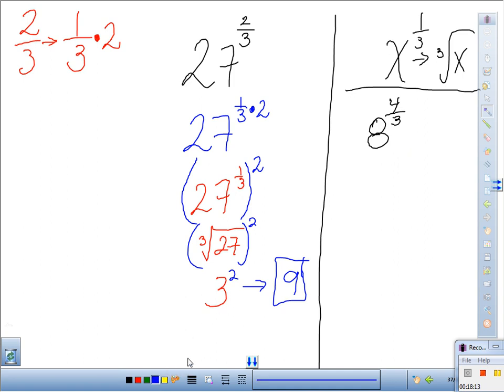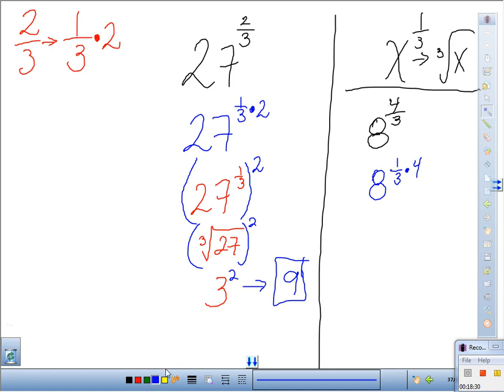I'm going to change to blue to rewrite it. Let's see. Who went last? Josh? Pass someone? Leo. How do I rewrite this? That is correct. 8 to the 1/3 times 4.